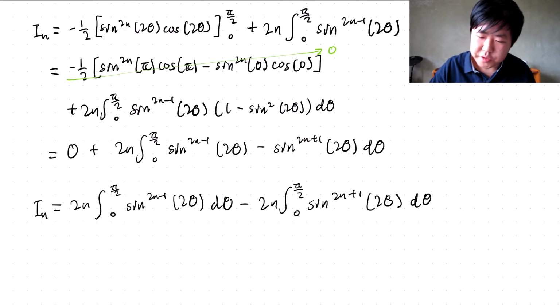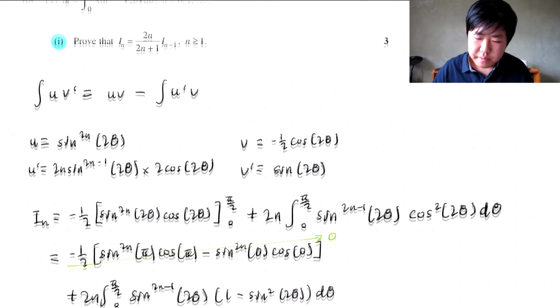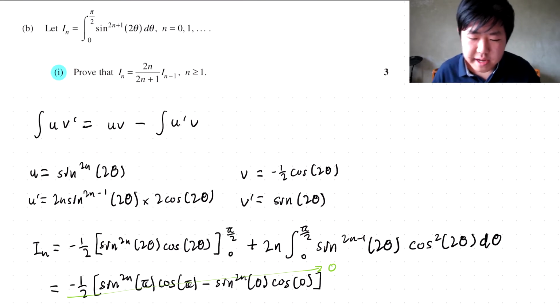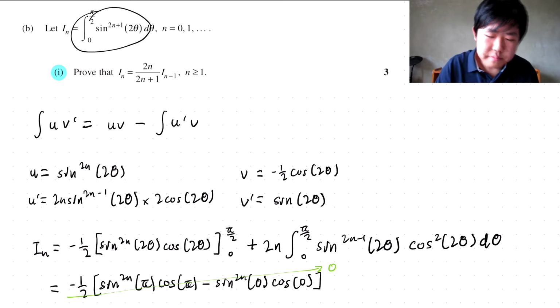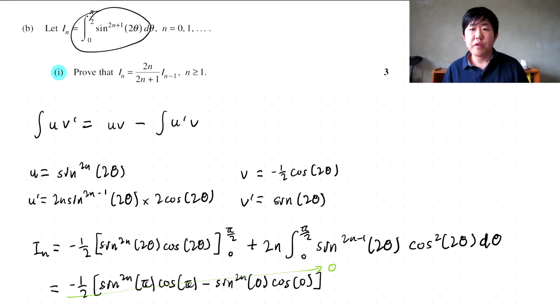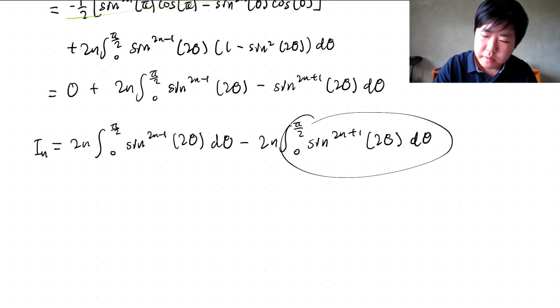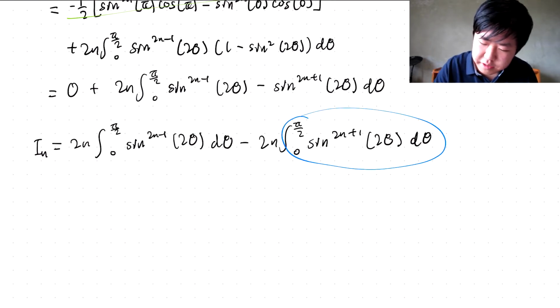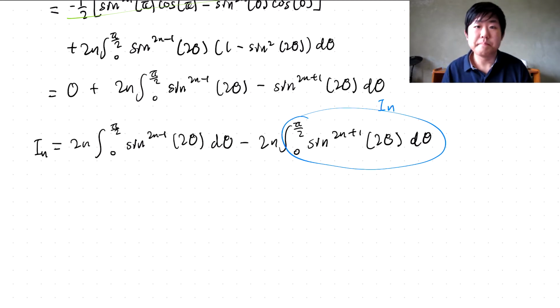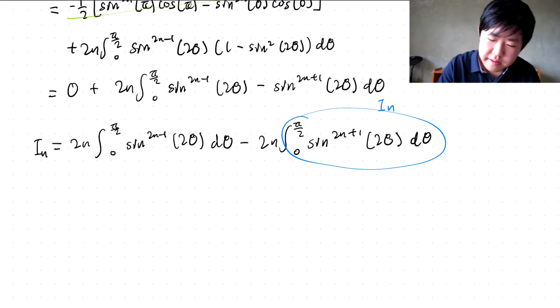So let's go back up to the question. Here, it says that I_n equals sin^(2n+1)(2θ), right? And we find it here. So this is actually equal to I_n. And then that means that this part would equal I_(n-1).